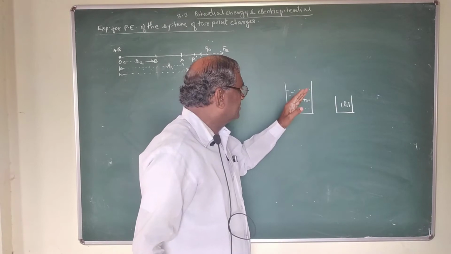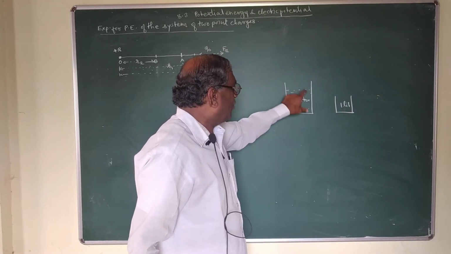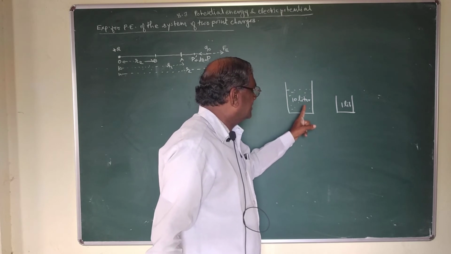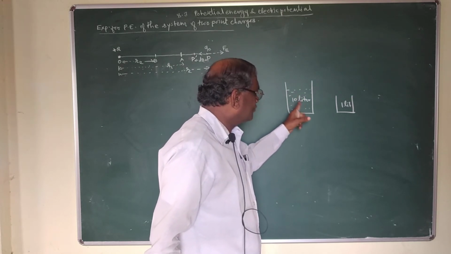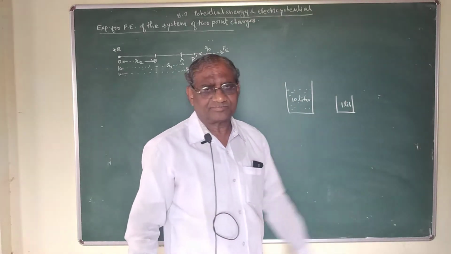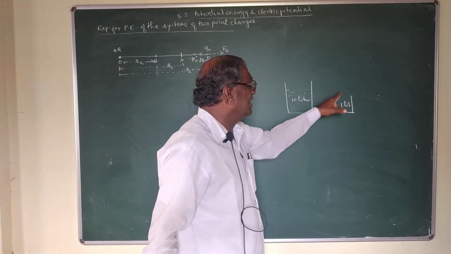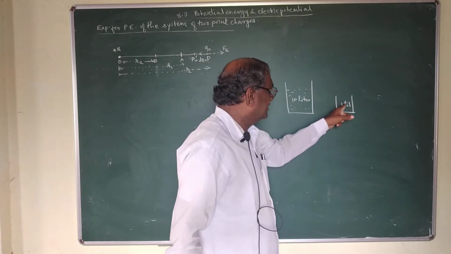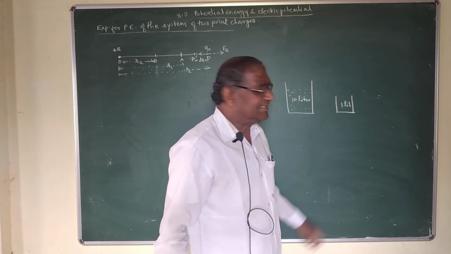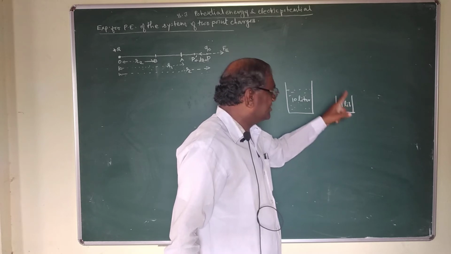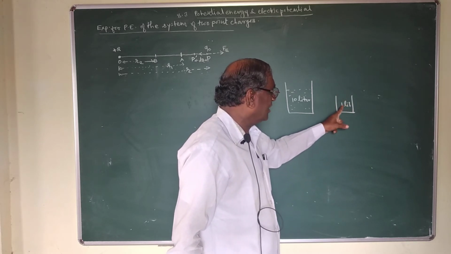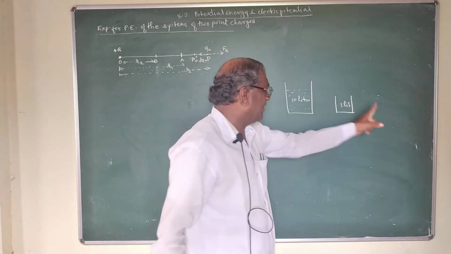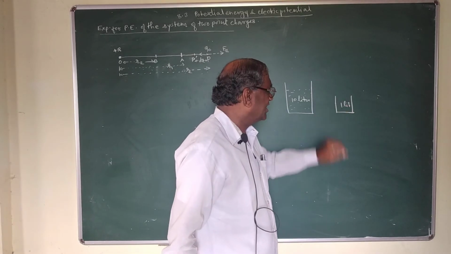In order to increase the volume of the given system, if we have to increase the volume of this water from 10 liter to 11 liter, for adding 1 liter of water into this 10 liter of water, we have to perform some work on this 1 liter of water. And for this work, we have to supply energy from outside to this 1 liter of water.